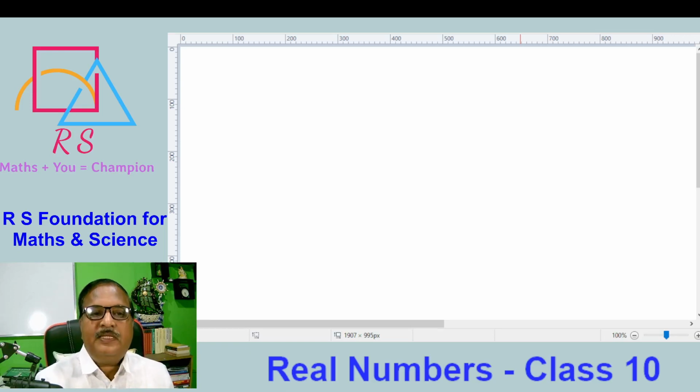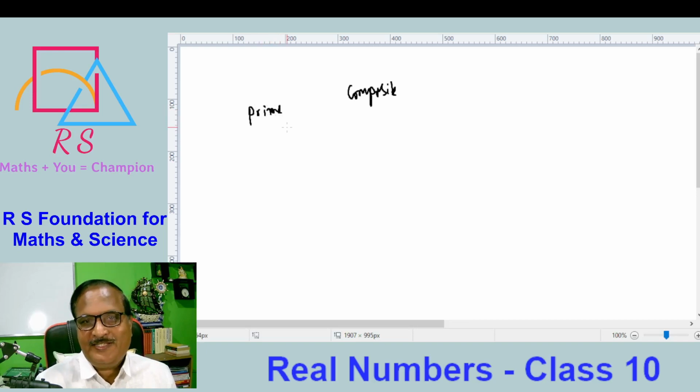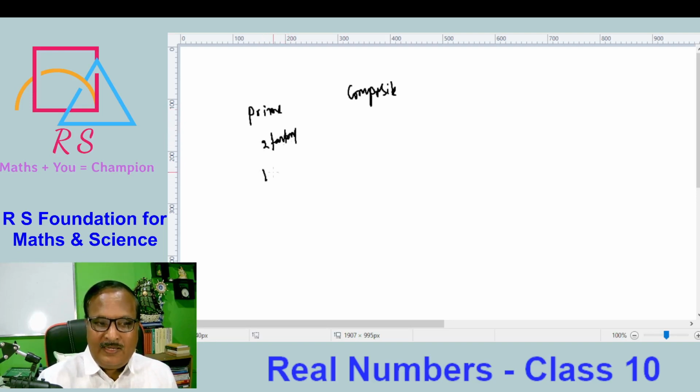It is very simple. Every composite number, I think you understood what is a composite. Composite is which is not prime. So I think you know what is a prime number. A prime number has only two factors, that is 1 and itself.